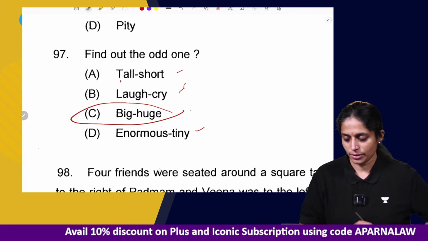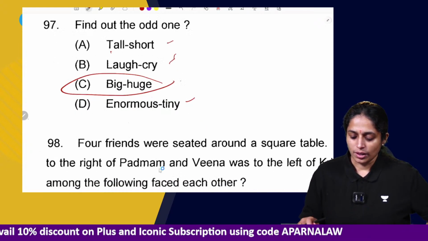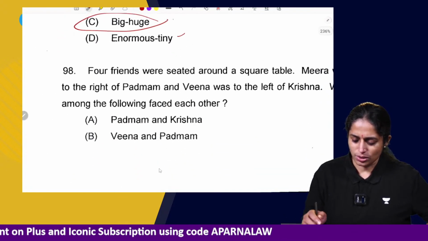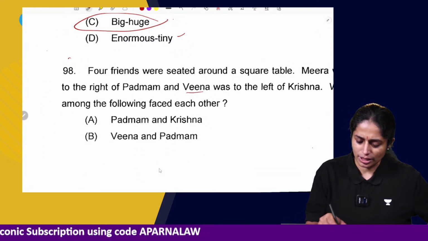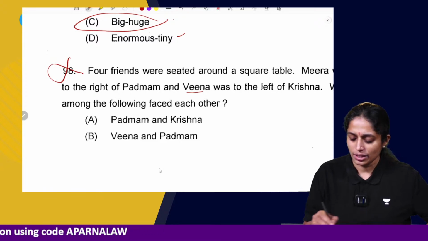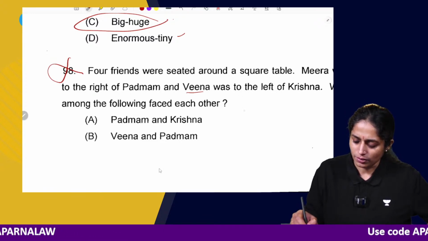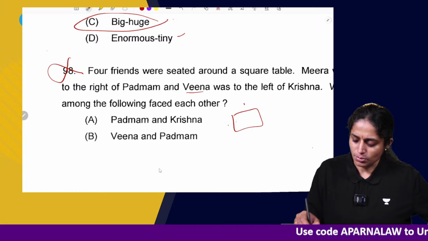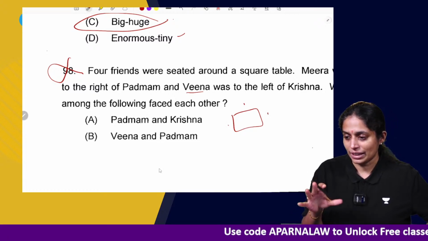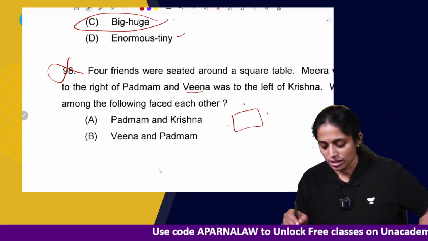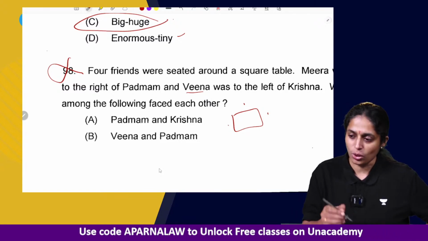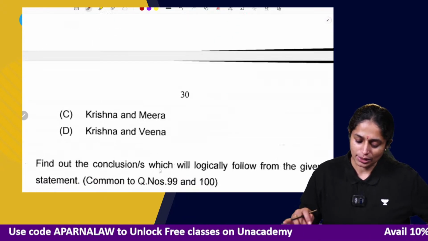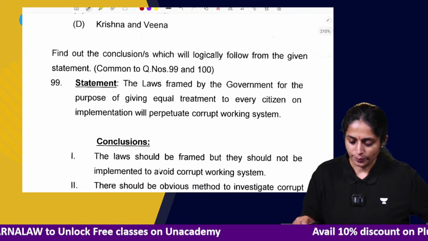These are antonyms. And this question got deleted, and maybe even if you try, some more data is needed for this. That's why they might have deleted. So, I am not discussing this. Let's directly go to 99th question.